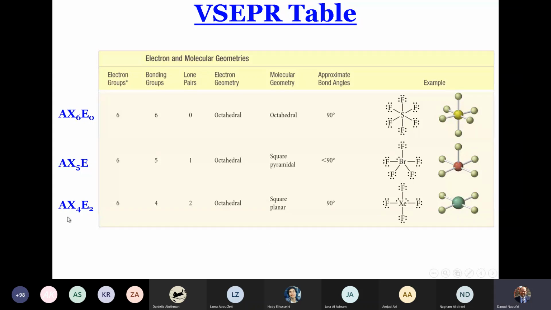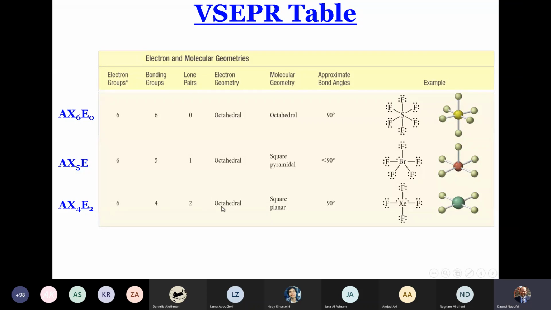And the last structure is XeF4. AX4E2, EP equals 6, BP equals 4, and NBP equals 2. So the figure of repulsion of AX4E2 is the same as AX6.